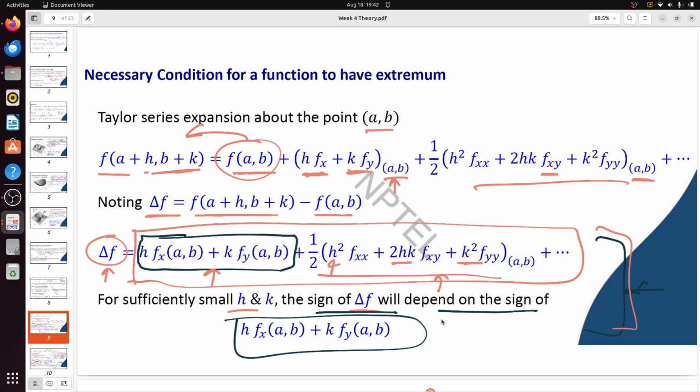So now this increment delta f will depend upon the sign of h fx(a,b) + k fy(a,b). For stationary points, this is going to vanish, it is equal to 0.